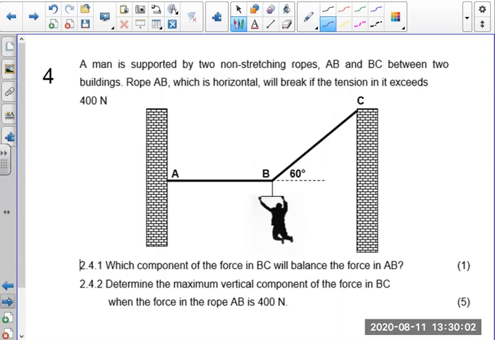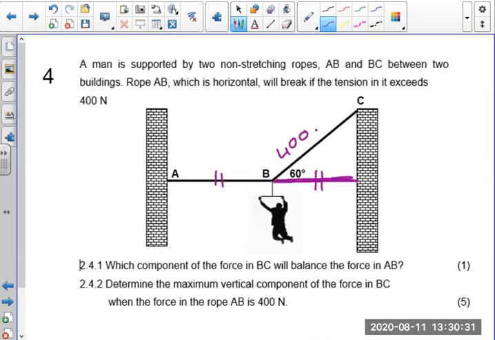And that would be the X component of BC, because this one is going to be equal to that one, same magnitude and direction. Okay. And then they say determine the maximum vertical component of BC when the force in the rope is 400.